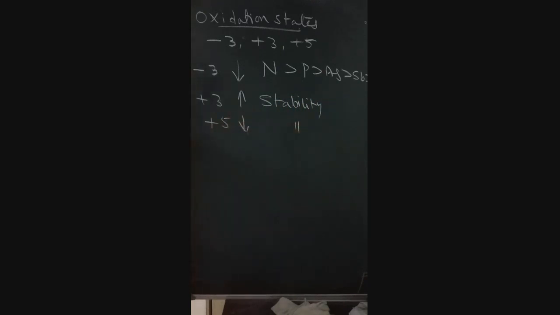Why? Children, the reason is the inert pair effect. So what is the inert pair effect? The reluctance of the outer shell ns2 electrons to take part in bond formation is known as the inert pair effect.